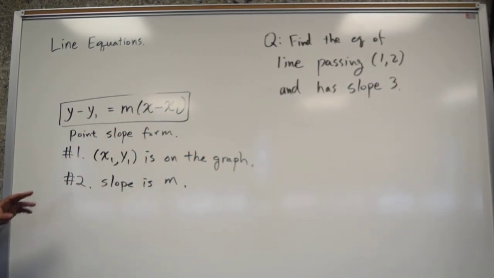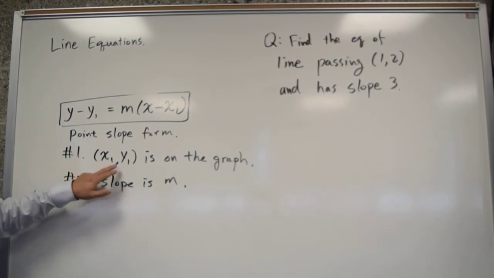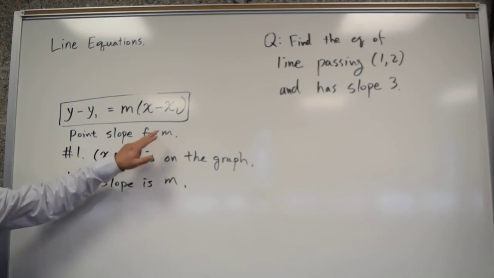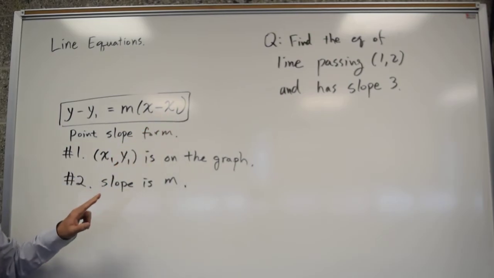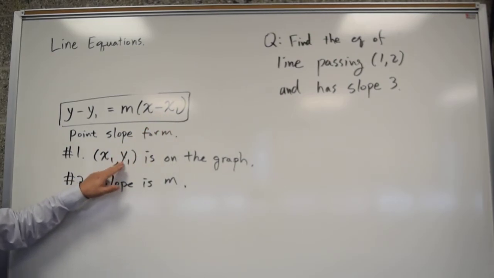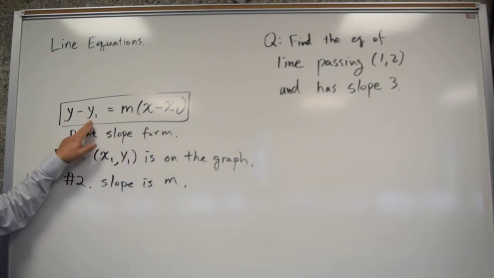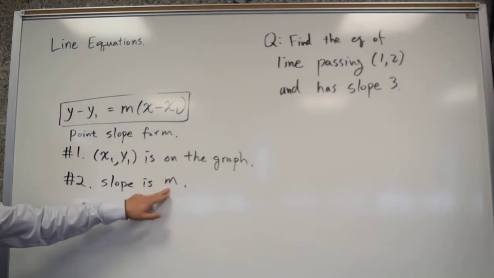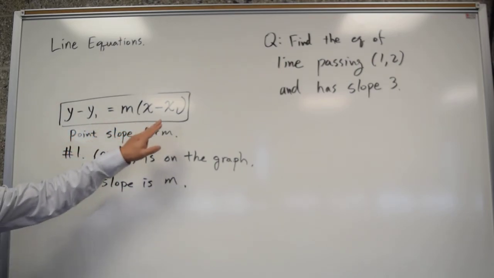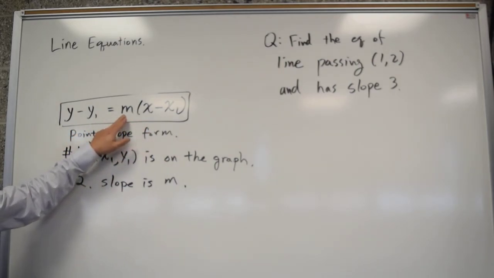We can quickly get the equation by using the point-slope form. Let's try it. So it passes through 1, 2. So where does 1 go? Right here, x1. Where does 2 go? 2 is y1. Where's y1? Right here. Okay? And what's the slope? Slope is 3. Where does 3 go in? Into m, right here. Okay?